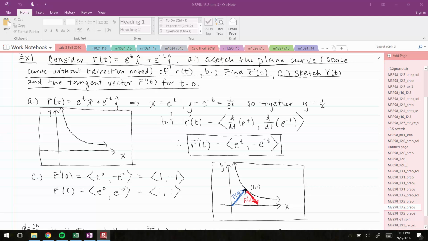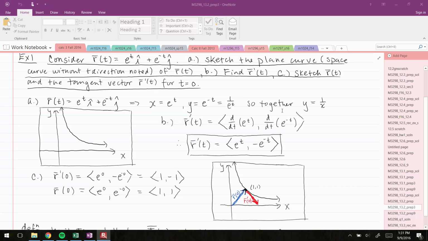But when we learned parametric equations back in a previous calculus course, it turns out eliminating the parameter t is a good way to get a graph. So you look at our parametric equations, x equals e to the t and y equals e to the negative t, and try to relate those and put it just in terms of x and y because it's a two-dimensional curve.